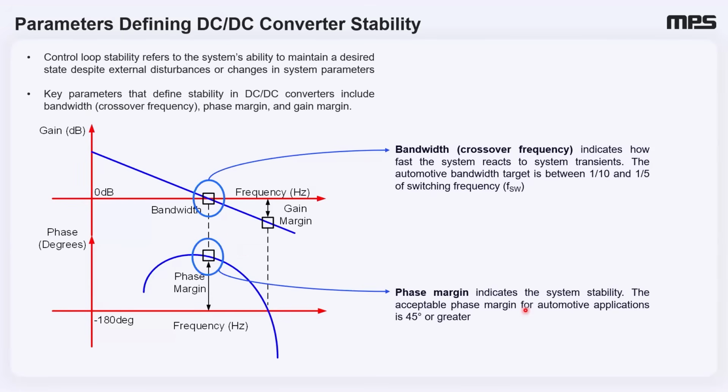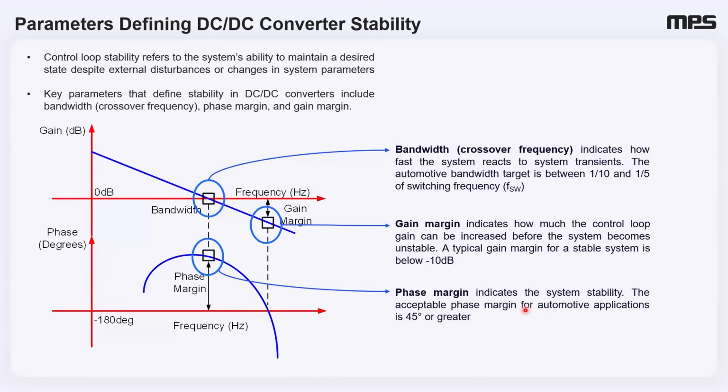The acceptable phase margin for typical automotive applications is 45 degrees or greater. Finally, gain margin indicates how much the control loop gain can be increased before the system becomes unstable. It's another measure of how much robustness the system has. A typical gain margin for a stable system in automotive is equal to or lesser than minus 10 dB.